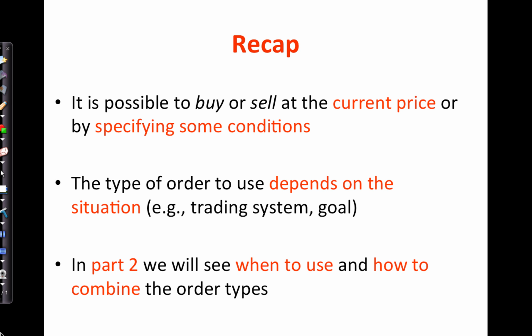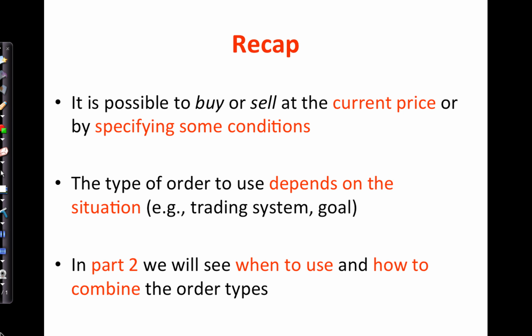So, to recap, in this video we have seen 5 ways to buy or sell. We have seen that we can perform our buy or sell action at the current price, but we can also specify some conditions. And the type of order to use really depends on the situation.